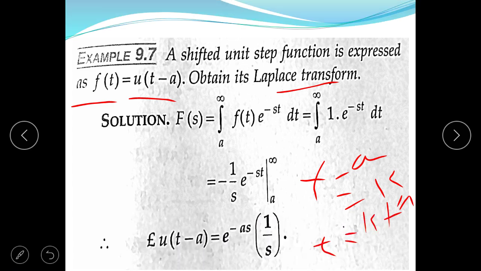Now we know that Laplace of function f(t) is equal to the integral from 0 to infinity of e power minus st dt. So we put t is equal to k plus a, then we obtain e power minus as times e power minus sk dk.